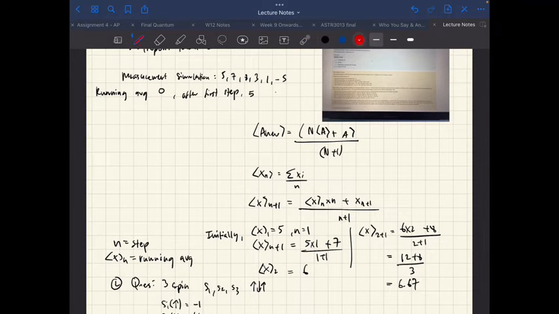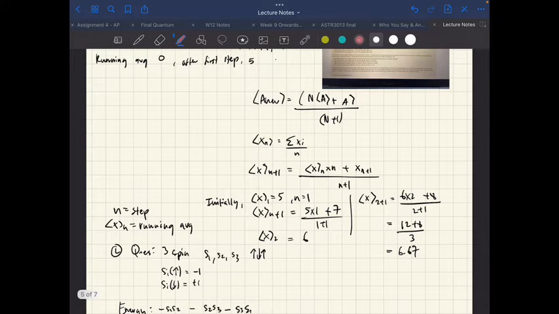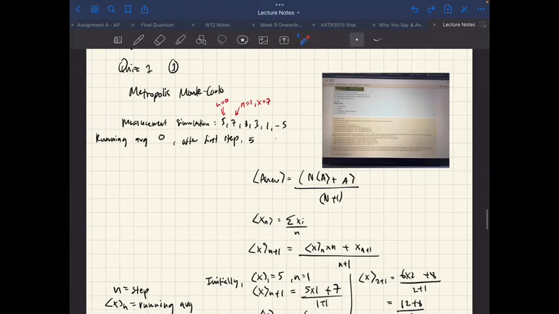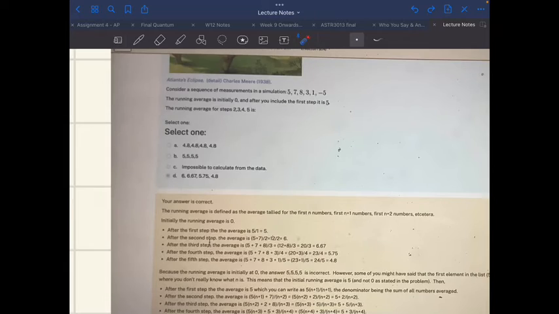So n equal to 0 is here, n equal to 1 is here, x equal to 7, and so on. By doing this bit right here, x n plus 1, we just plug in the formula. The first is 5 times 1 plus 7, divided by 1 plus 1, and then we directly get the answer, 6.